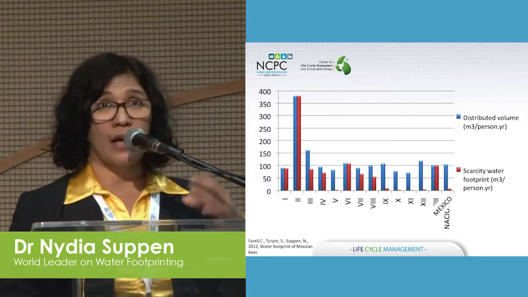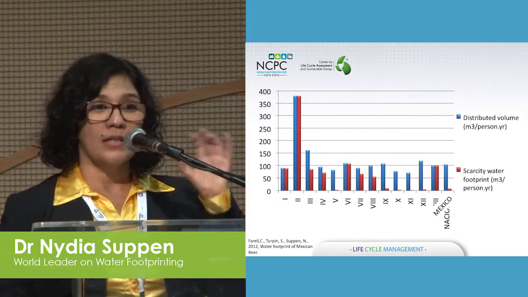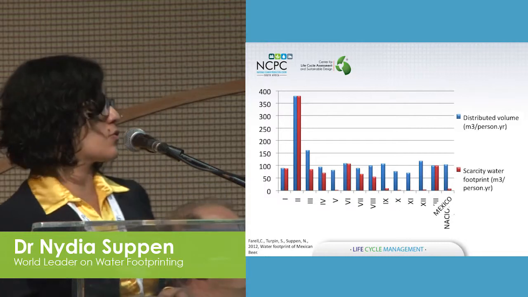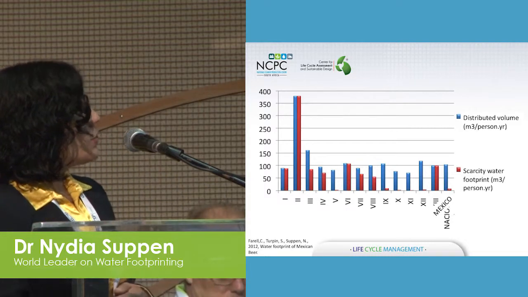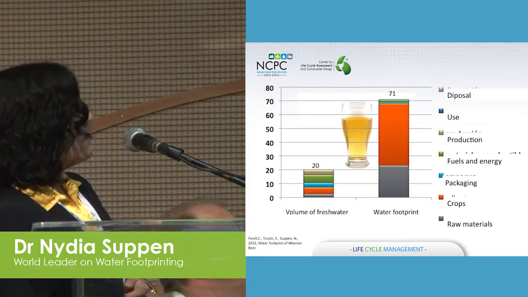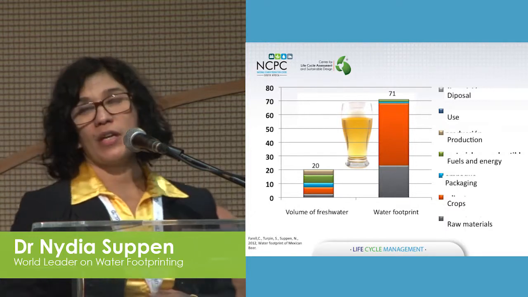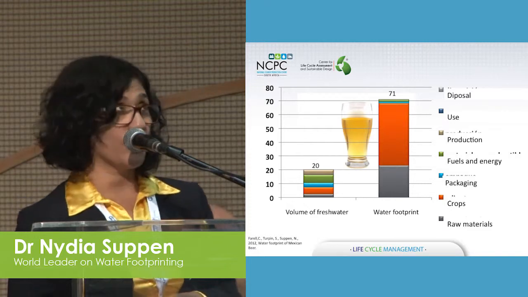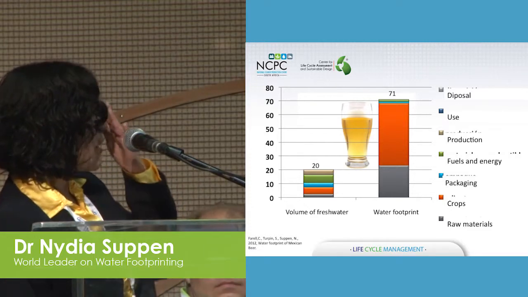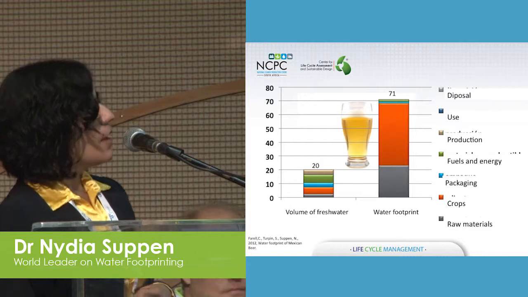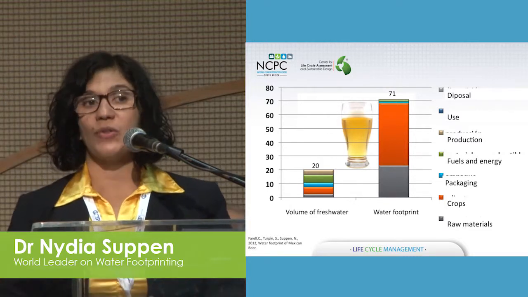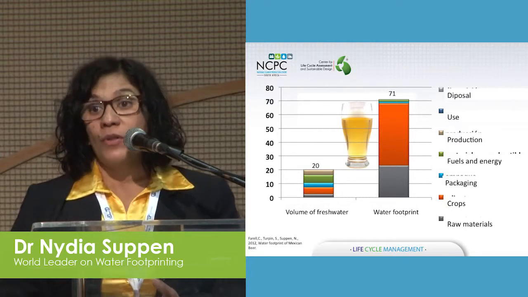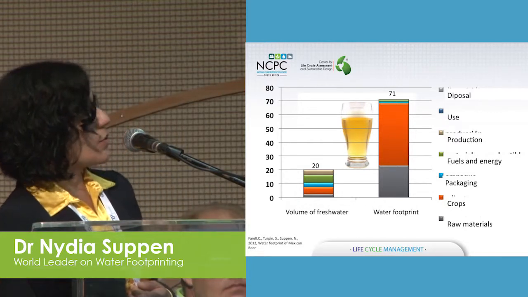So that is the point we make with the standard. Take this information and consider where you are extracting the water from. So by doing that, you use on average, in the different life cycle stages of beer production, 20 liters of water per liter of beer, but you are actually impacting the availability and you're also polluting water in this range.